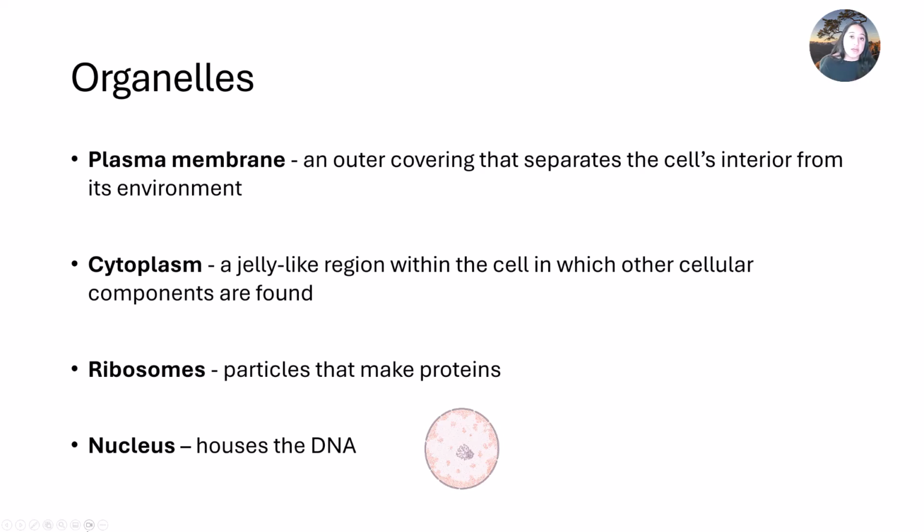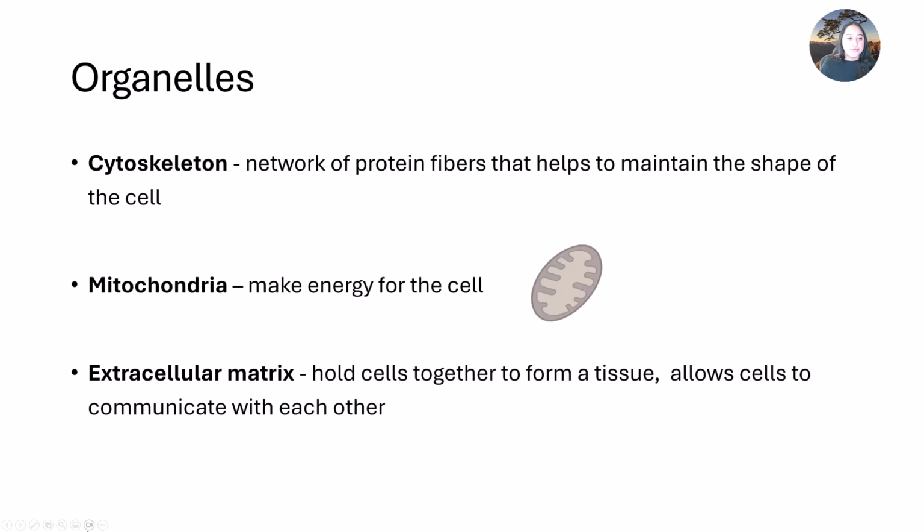And then some other organelles include the cytoskeleton. That is a network of protein fibers that helps maintain the shape of the cell. Even though we don't really show it, we just show what we can at the time to help demonstrate and teach certain things. But inside the cell, it's not so much like a water balloon that's loose and floppy.